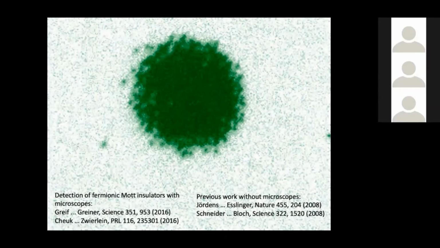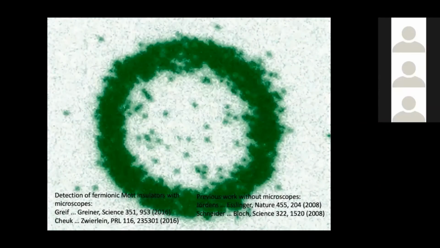Now if you try to push the chemical potential in the center even higher by loading even more atoms, you get into a band insulator, where the chemical potential is sitting in the band gap. And there we see pictures like this. Basically we get a Mott insulating shell over here where there's 1 atom per site, and then in the center, we actually don't see any atoms.